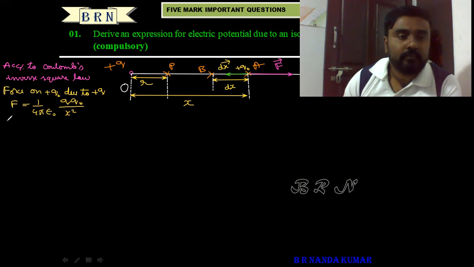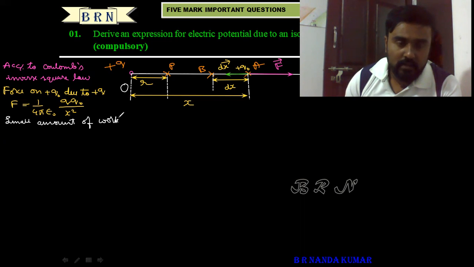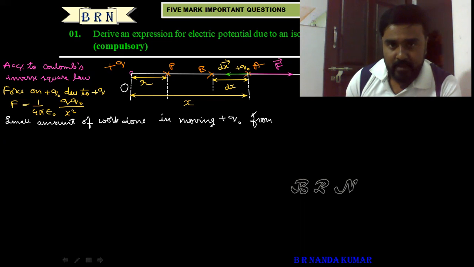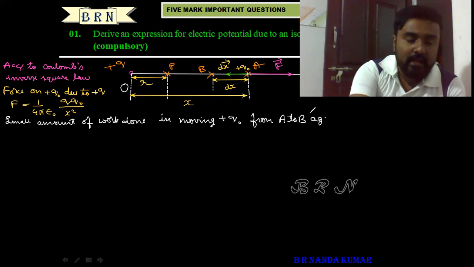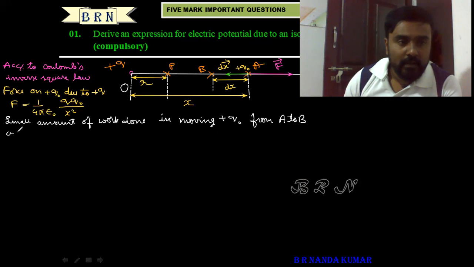Now the small amount of work done in moving plus Q naught from A to B against F vector is dW equal to F vector dot dx vector.